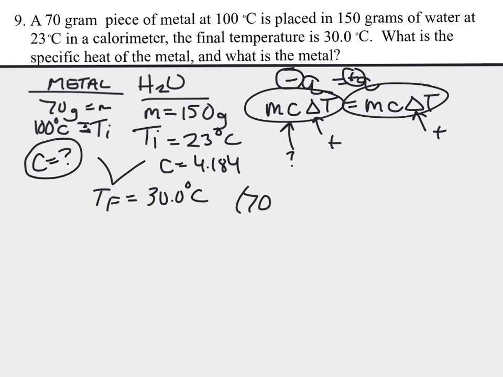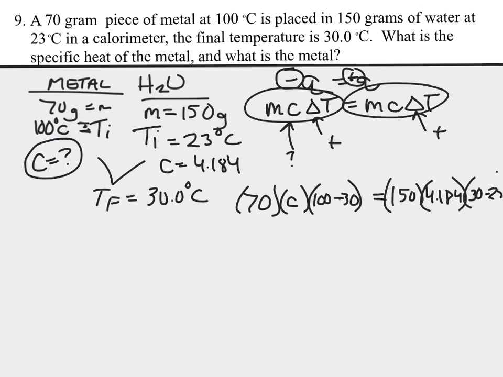All right, let's do it. The metal is 70 grams. We don't know its specific heat, and we need to take the change in temperature so that it'll be a positive value. Well, that means we're going to take the 100 degrees minus its final temperature of 30 degrees. That way, it'll be a positive number. Now, for the water side, we have 150 grams, and we know that the specific heat is 4.184, and the change in temperature we have to keep positive, so 30 degrees is higher than 23 for water, so we start with the final minus the initial 23 degrees.